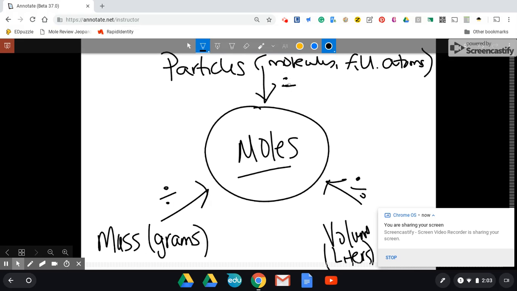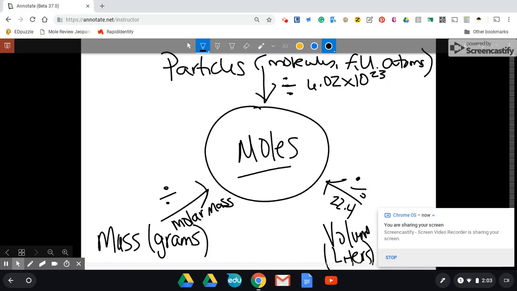Now, we're going to divide by different numbers. If I'm in grams, I'm going to divide by my molar mass. If I'm in volume, I'm going to divide by 22.4. And if I'm in molecules, I'm going to divide by 6.02 times 10 to the 23rd. So that gets me into moles.